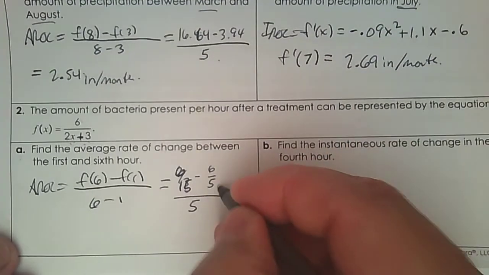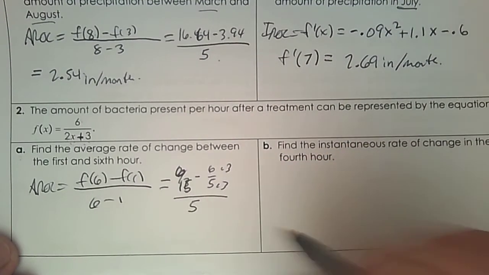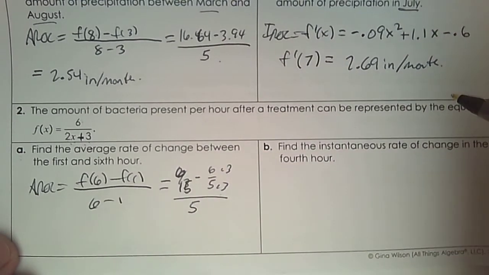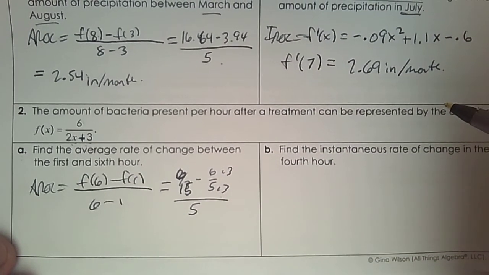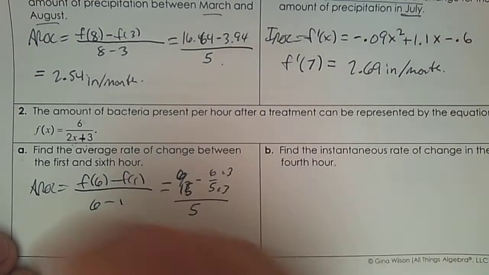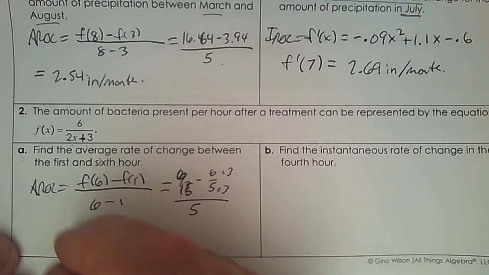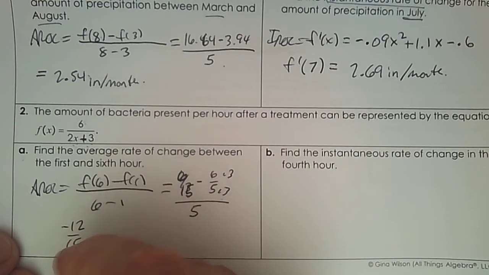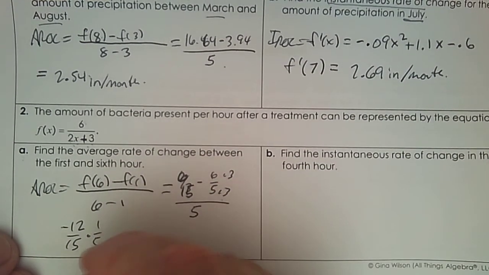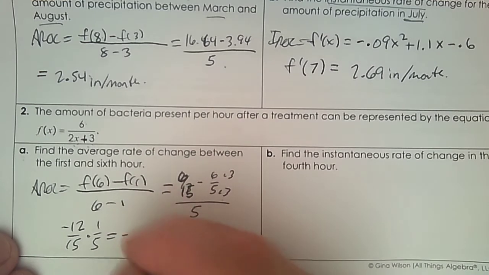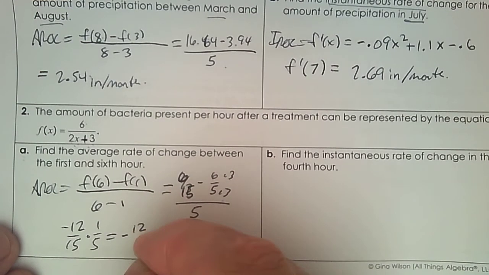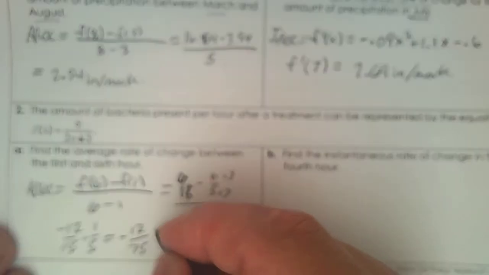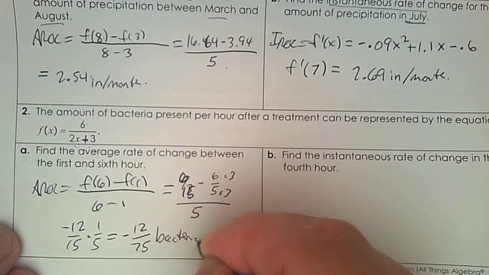Let's do some fun basic math. Multiply top and bottom times 3. So you got 6 take away 18. Now this answer is going to be negative, but that doesn't bother me, and I'll tell you why. And then times the reciprocal. So if we put this together, we get negative 12 over 75. I don't care about reducing it down. And that's bacteria per hour.